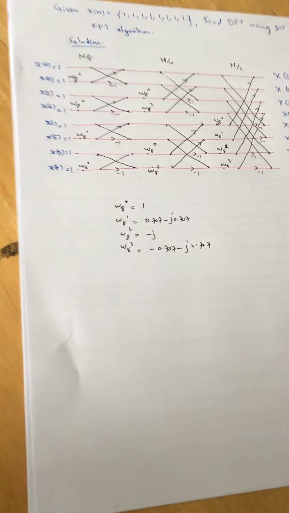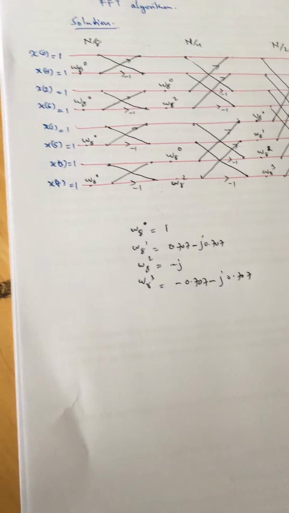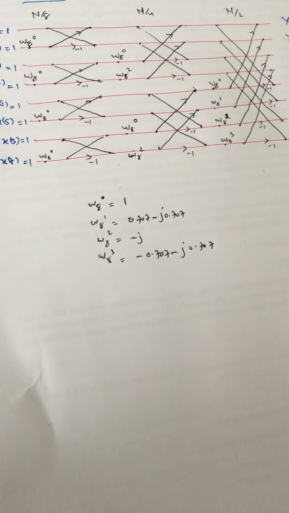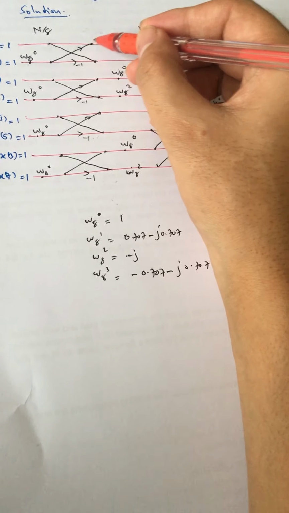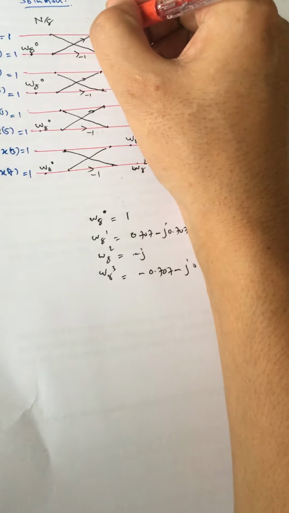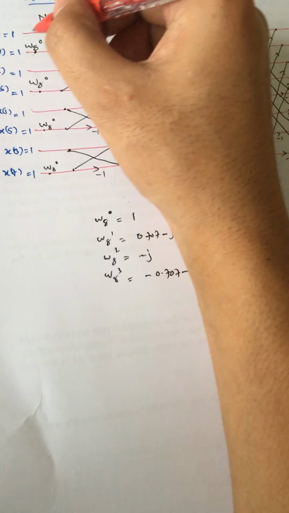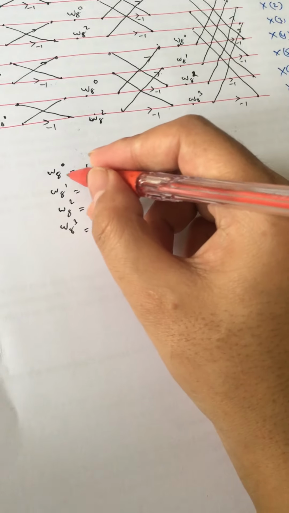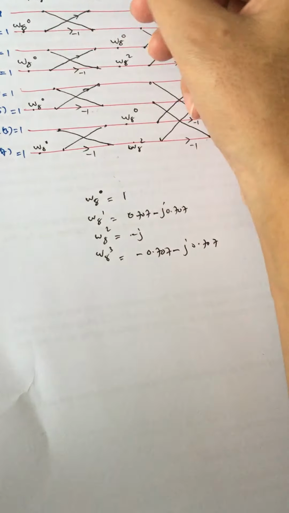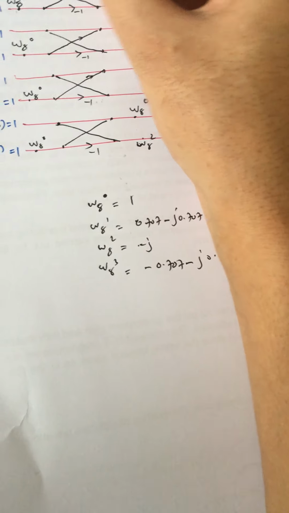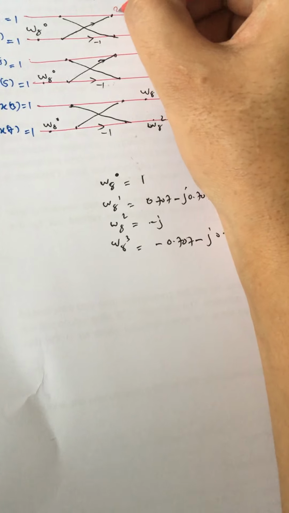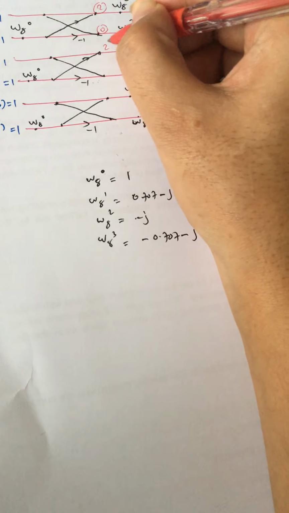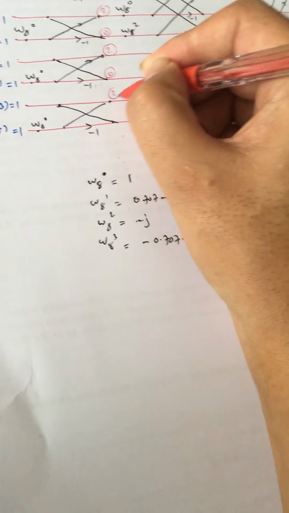Now after doing all the structure, you are going to calculate. What is the value out here? Omega 8 raised to 0 is 1, so it will be 1 plus 1, 2, and then 0, 2, 0, 2, 0.